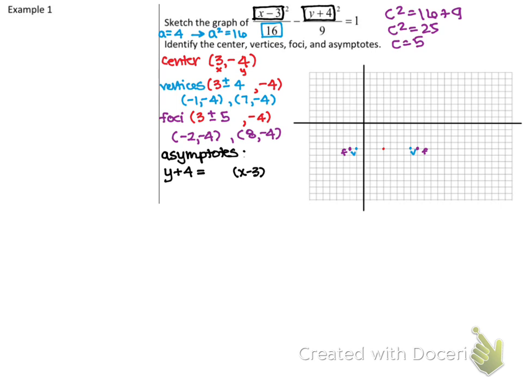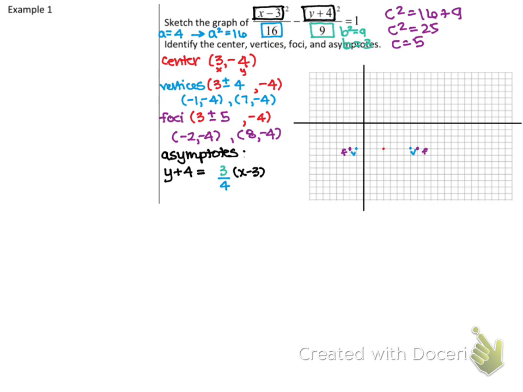All you need now is the slope. So if we take a look back, whoever is underneath the y, so this is b squared, is equal to 9, which means b is equal to 3. So the top of my slope is going to be 3 because of rise over run. The bottom of my slope comes from underneath the x. That's 4.